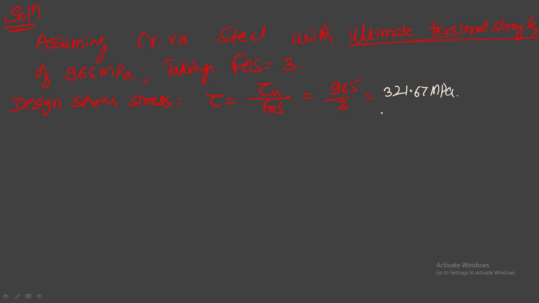Now, based on the value of C, you need to calculate the K value, that is the Wahl factor. In this case, let us assume the Wahl factor is in some range. Temporarily assume Wahl factor K equal to 1.2.